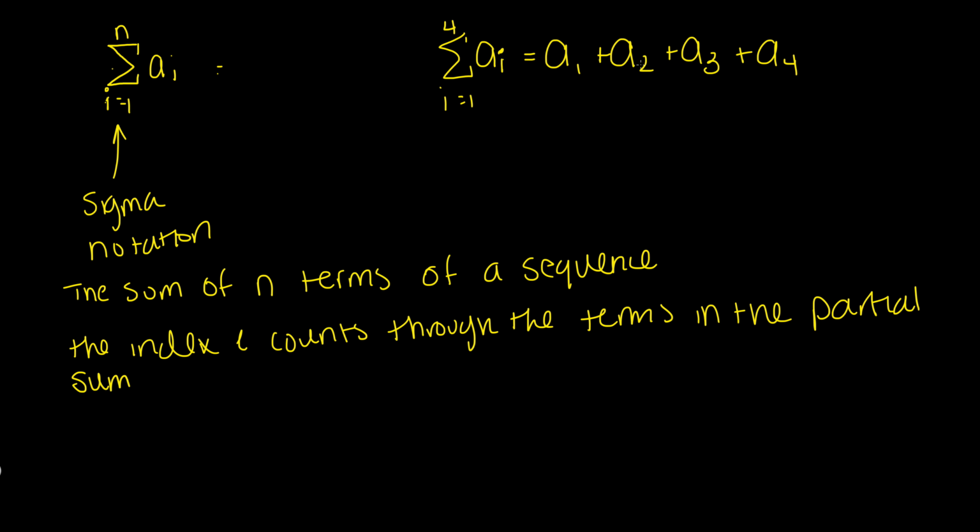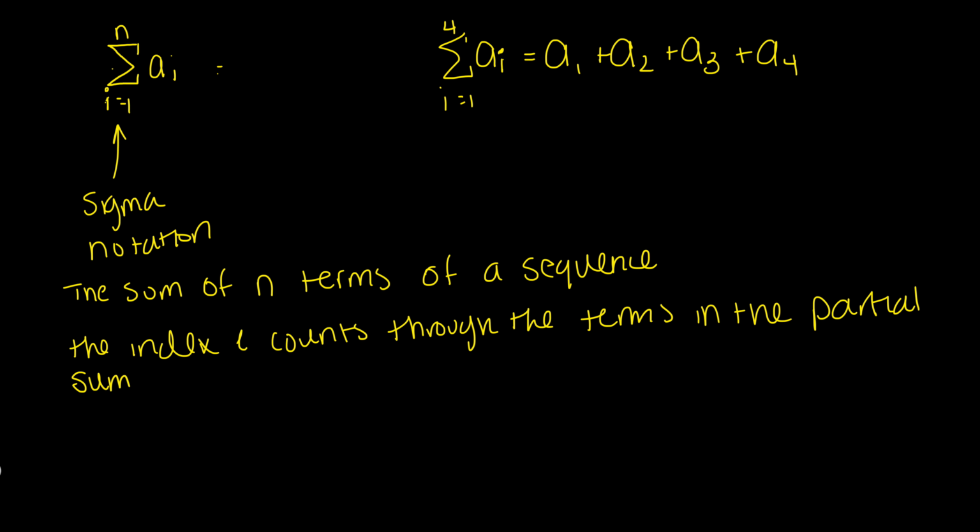So we would be adding, or summing, each term value between 1 and 4. The value of the ith term is a sub i. You can use the explicit formula for the sequence in place of a sub i.